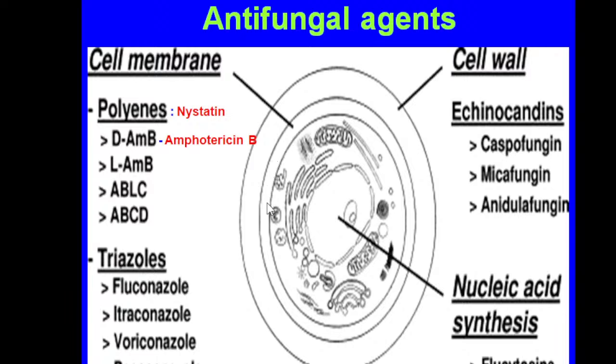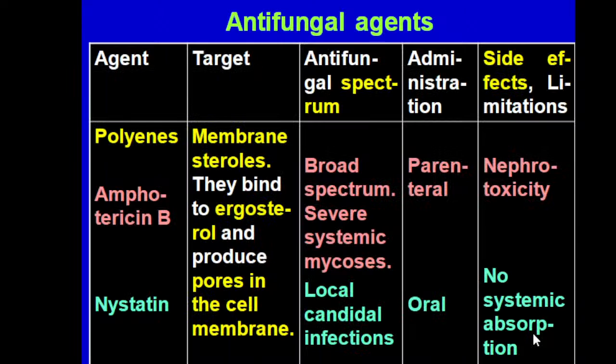Then we have a group of drugs called echinocandins that have the cell wall as a target for antifungal therapy. And then we have nucleic acid synthesis as a target for antifungal therapy. Now we take a look at these most common types of drugs used as antifungal agents.